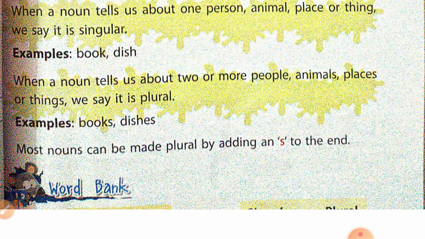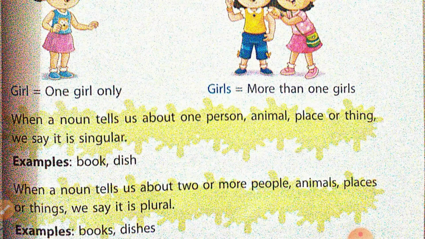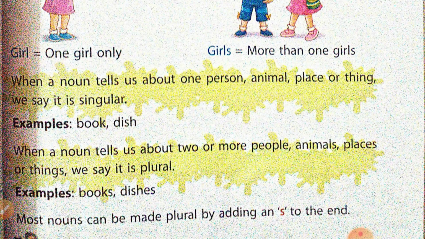Most nouns can be made plural by adding an s to the end. See students, a naming word that denotes one object is called a singular noun, and a naming word that denotes more than one object is called plural noun. Singular means only one, and plural means more than one.